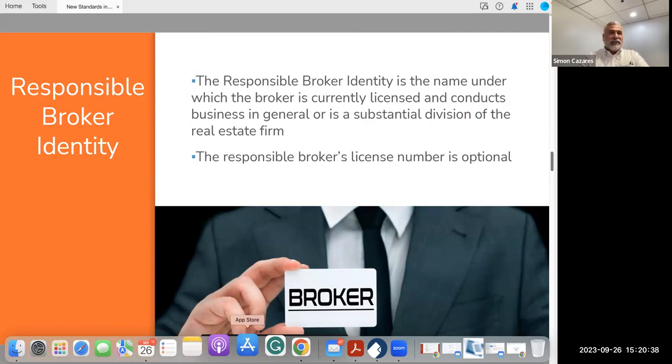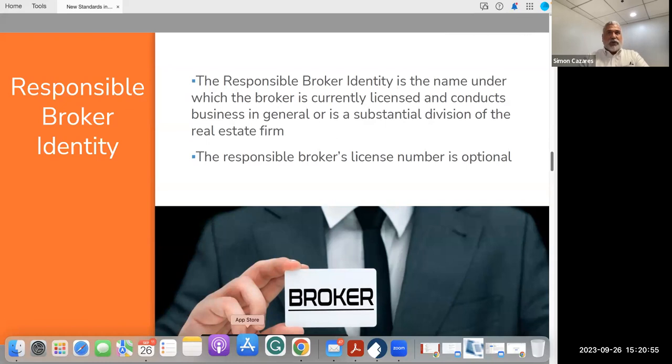That corporate license is licensed by the Department of Real Estate, just like you are licensed by the Department of Real Estate, but you cannot conduct real estate activity until your license is hung with a real estate firm.